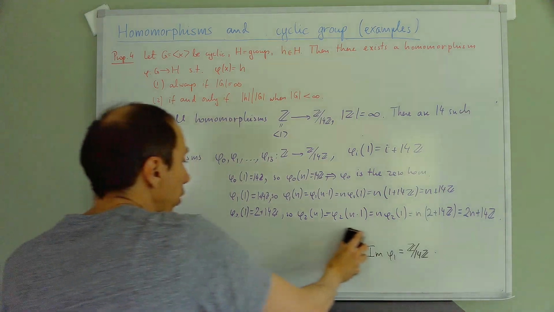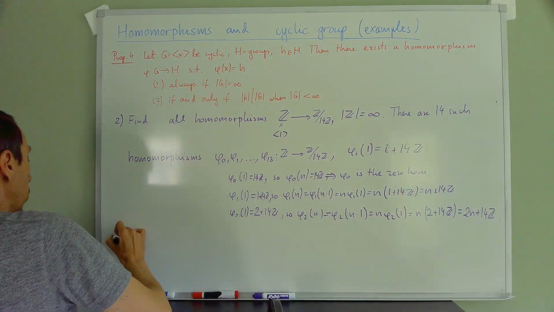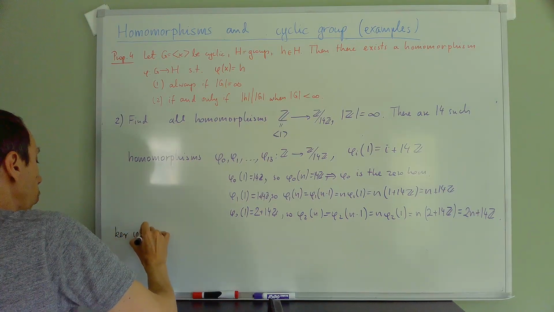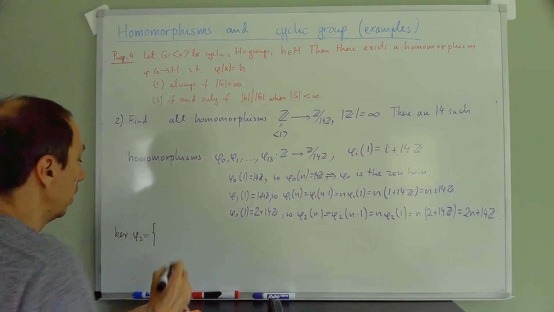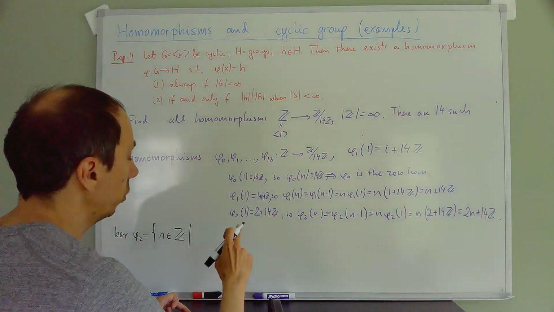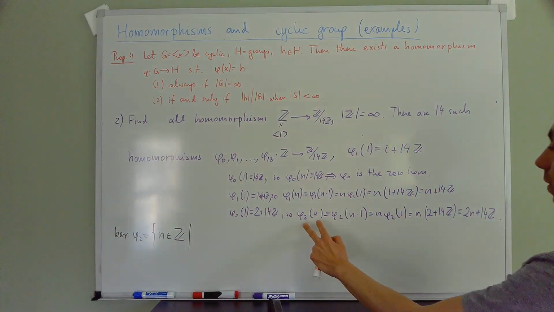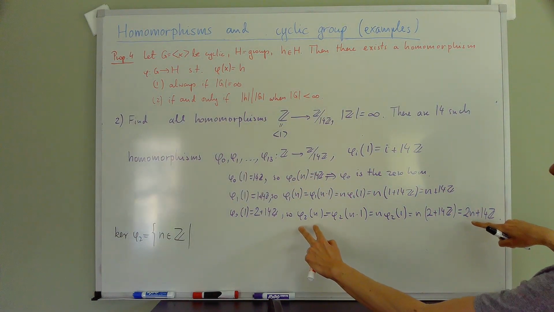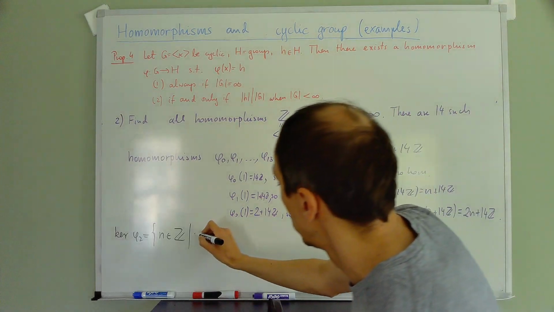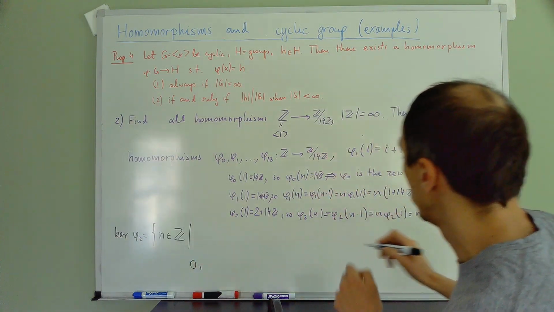Let's analyze phi 2. So what's the kernel of phi 2? Which will be the elements? So which integers are mapped to 14Z under phi 2? So here's my formula. Phi 2 of n is equal to that. So 0, of course, right? So I'm going to just write them underneath here. 0. What else?